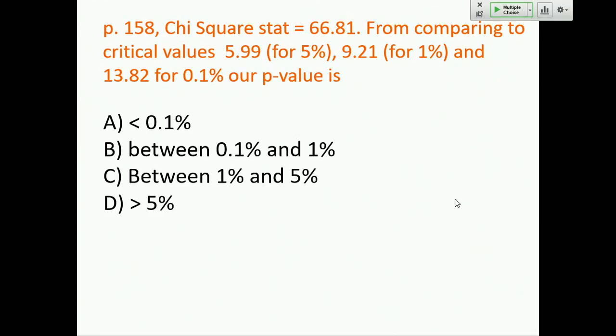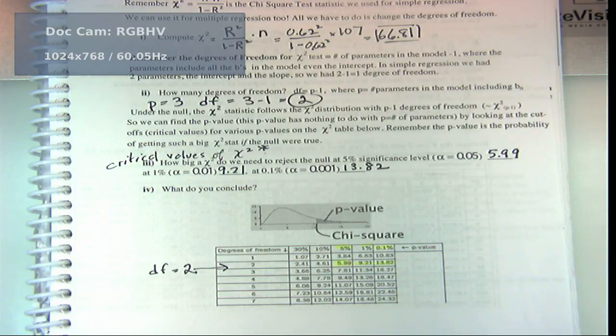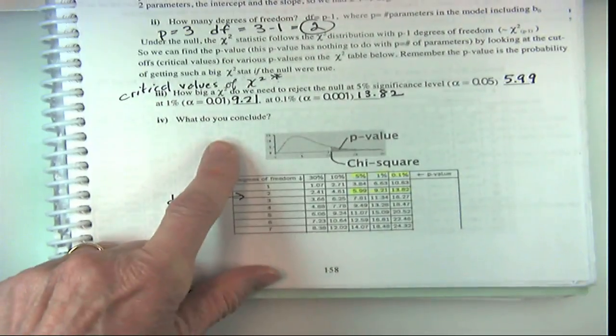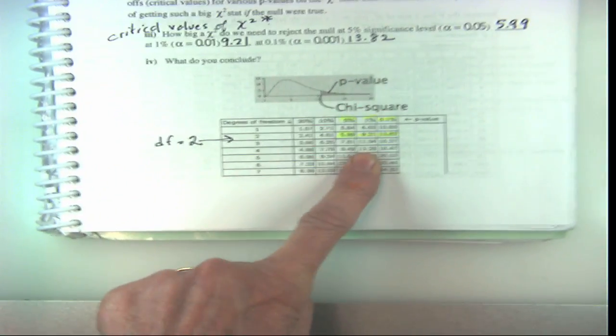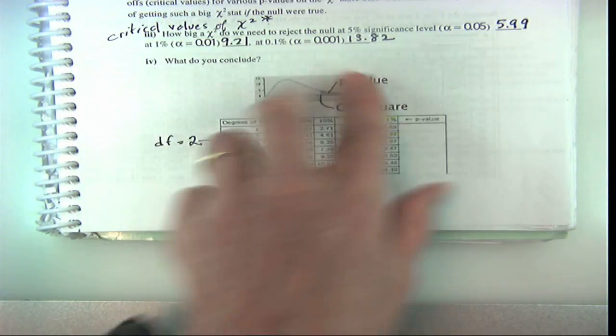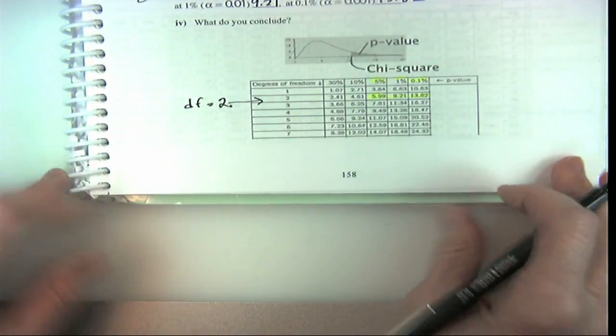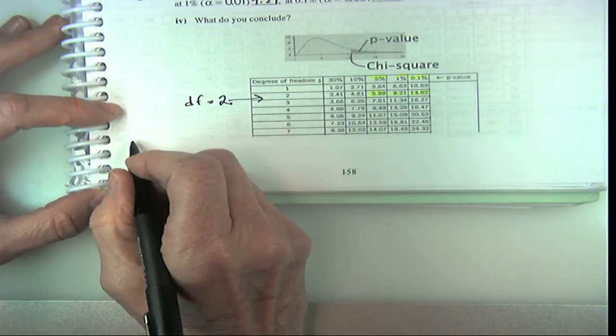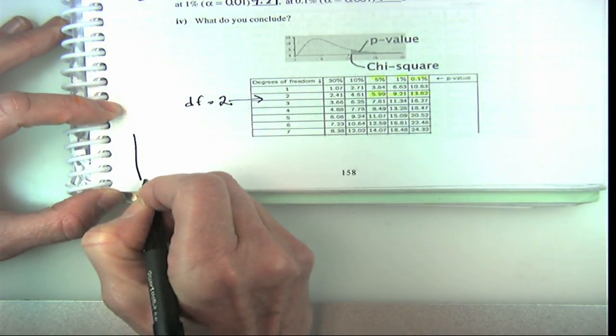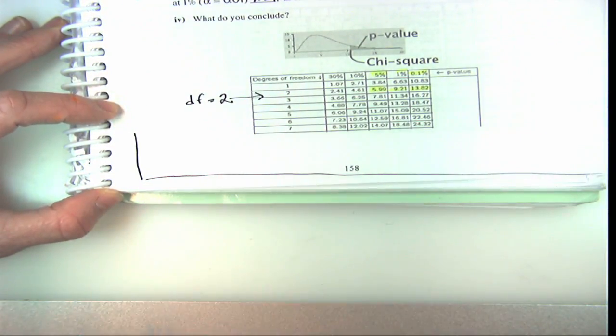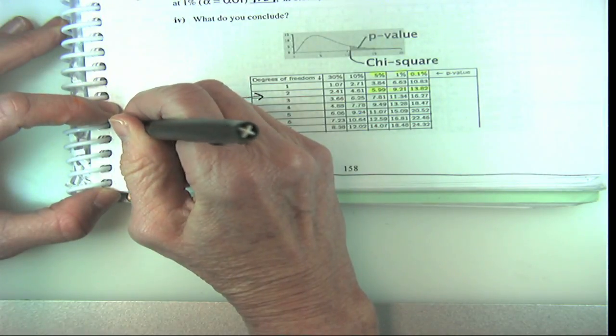Okay, so now let's make it a little more explicit here. Let's just draw the picture, and you'll be able to see it more easily. So now what do you conclude? We have a chi-square curve with 2 degrees of freedom. It's very asymmetrical with 2 degrees of freedom. Remember, it's always positive.